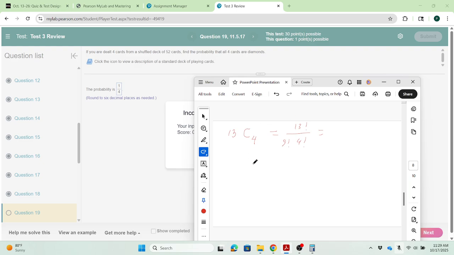Similarly, how many different ways can you choose 4 cards out of 52 cards? That is the total number of ways we can select. This is the total, and this is the 4 diamond cards. So the probability would be this number divided by this number. I'm going to find out this number using a calculator.